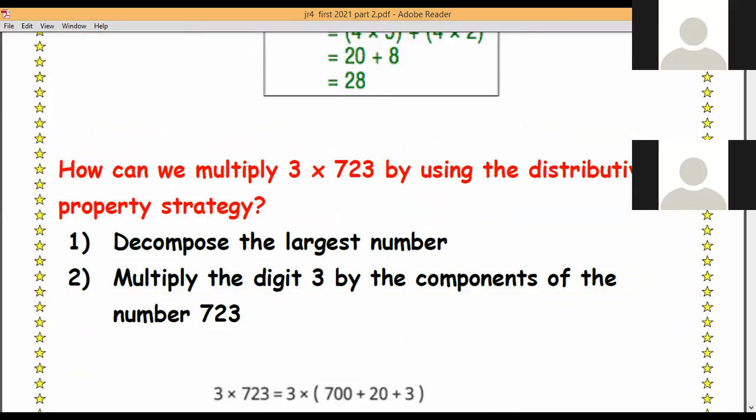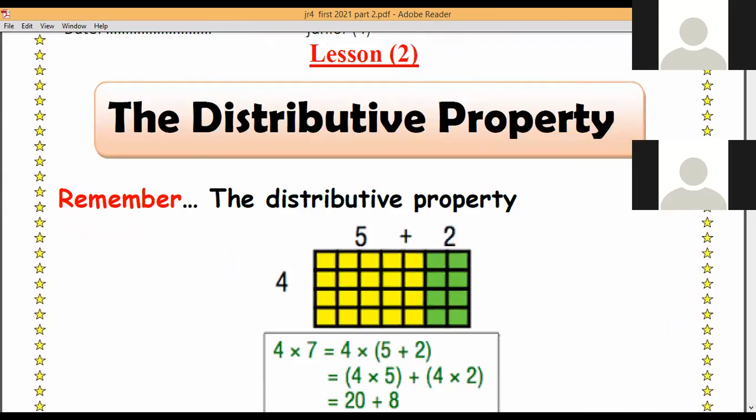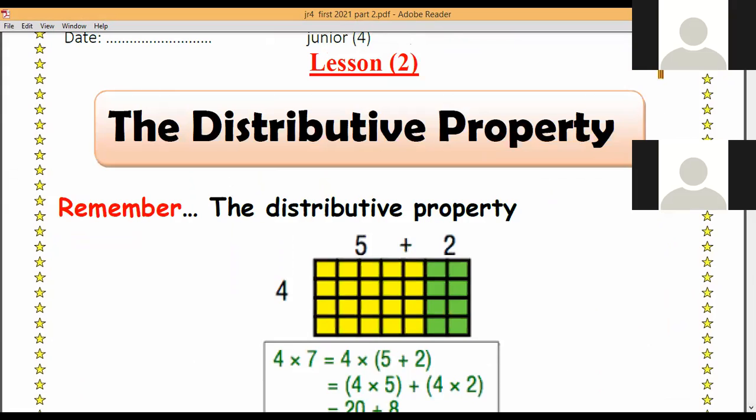Now we're gonna take lesson 2. It's about the distributive property. We took in Junior 3 how to use the distributive property. So with the distributive property, I have a number and I break this number.